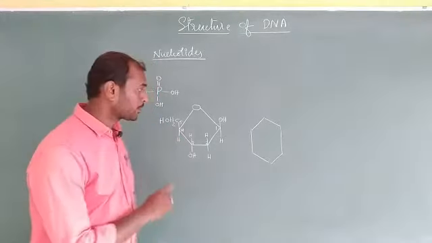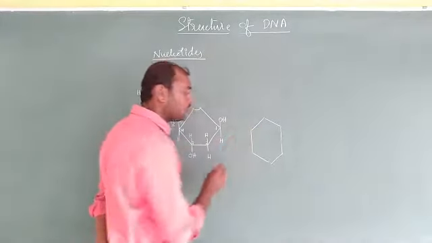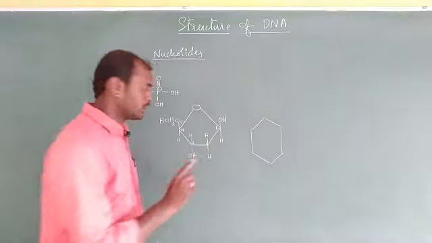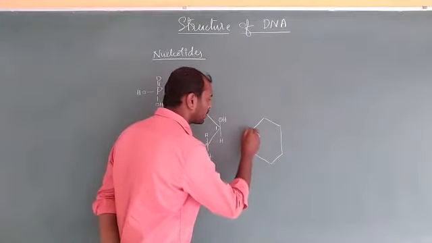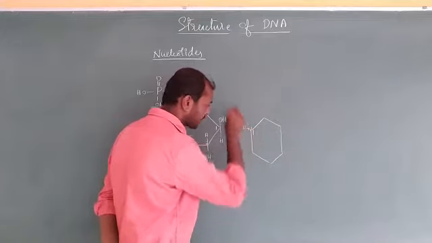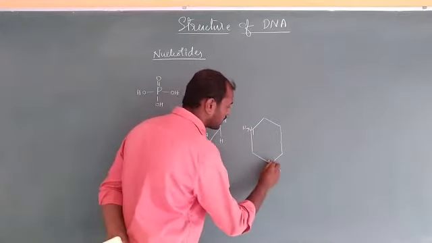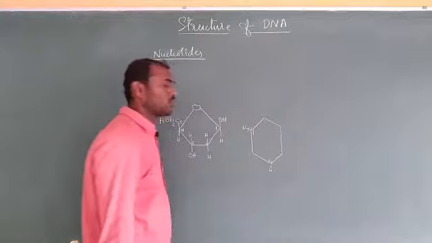This pyrimidine has how many nitrogens? Yes, 2 nitrogens, one here as NH and one more here as NH. So there are two nitrogens.